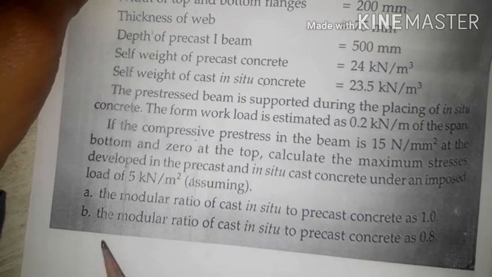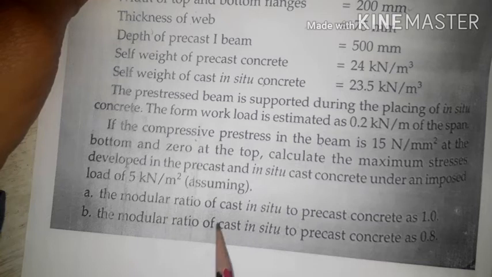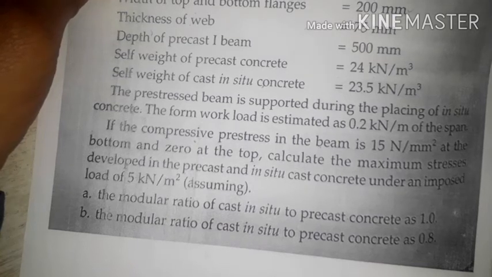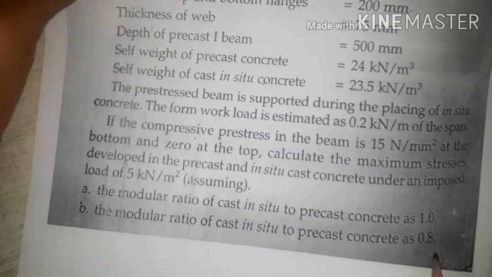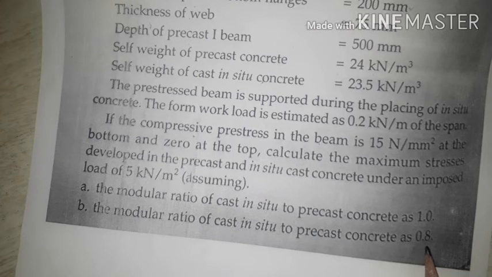Assume the modular ratio of cast in situ to precast concrete as 0.8. Okay, these are the given data.